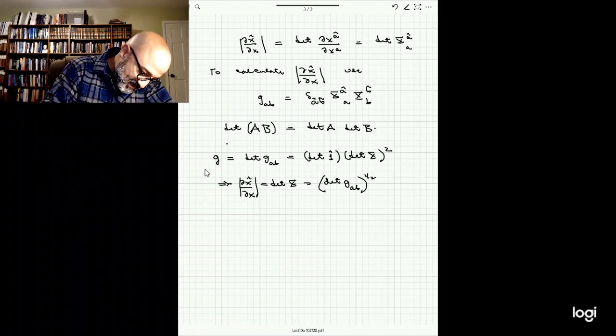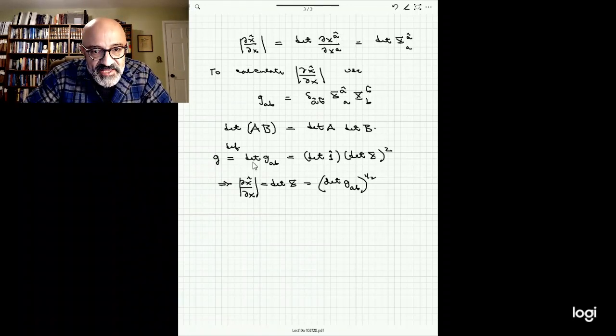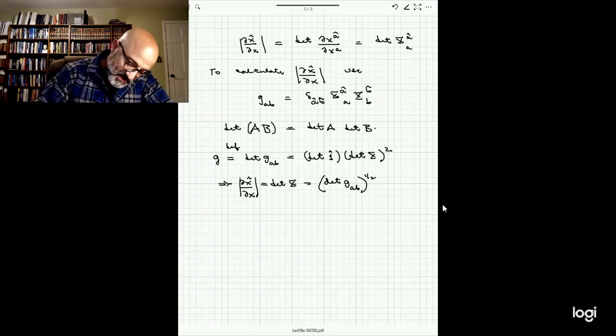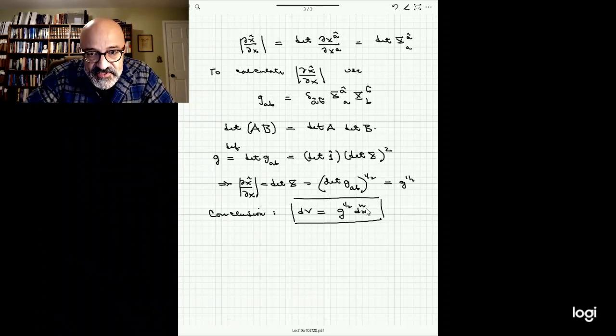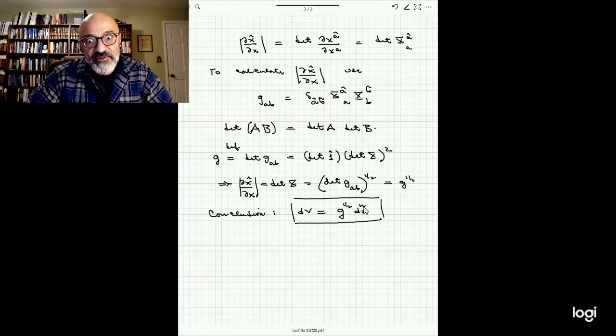So little g is the determinant of the metric, and this guy therefore is equal to g to the 1/2. So conclusion, the volume element is going to be given by g to the 1/2 dx.